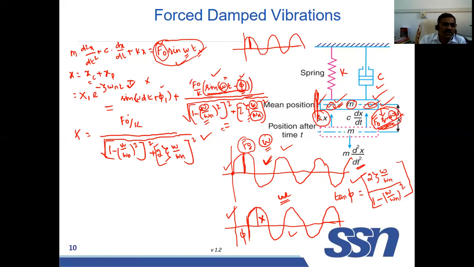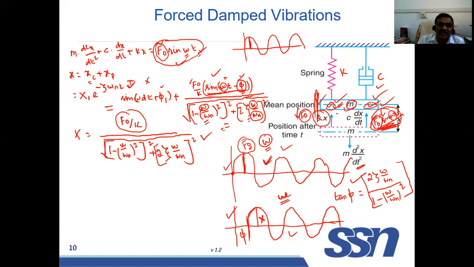And what is F naught by K? If the body is like this, the force is a function of time. But if you take only the magnitude of the force, what is the meaning? It means that a static force of F naught is applied.